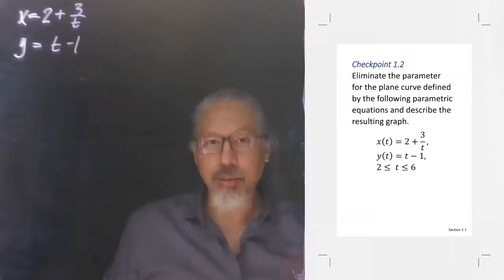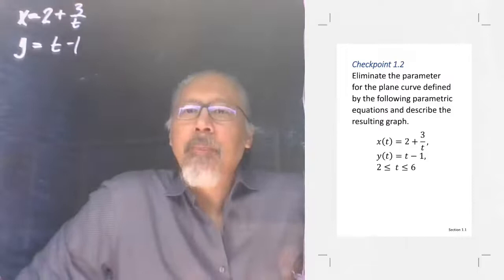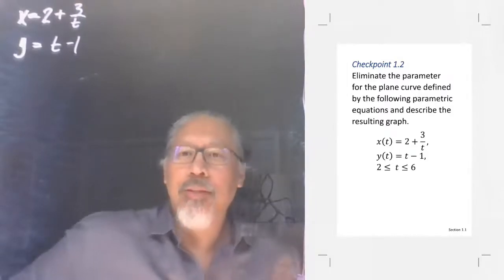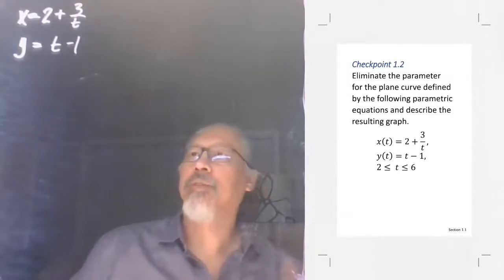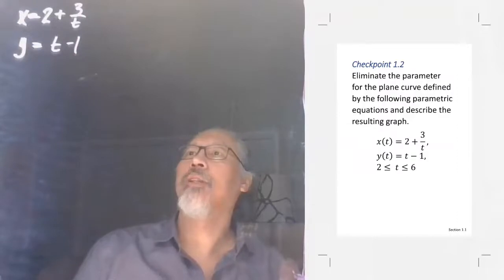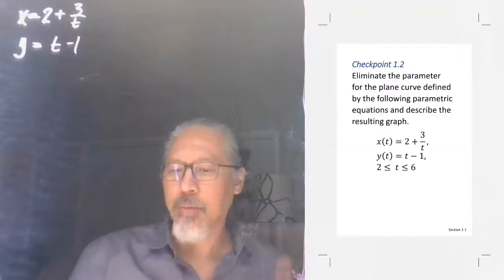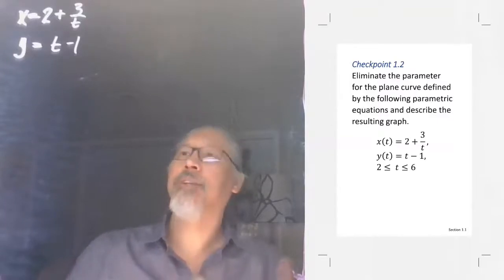So to eliminate the parameter, we essentially want to get rid of t. One of the ways to do that is to solve for t for one of them. It looks like it might be easy to solve for t, maybe for the x value.